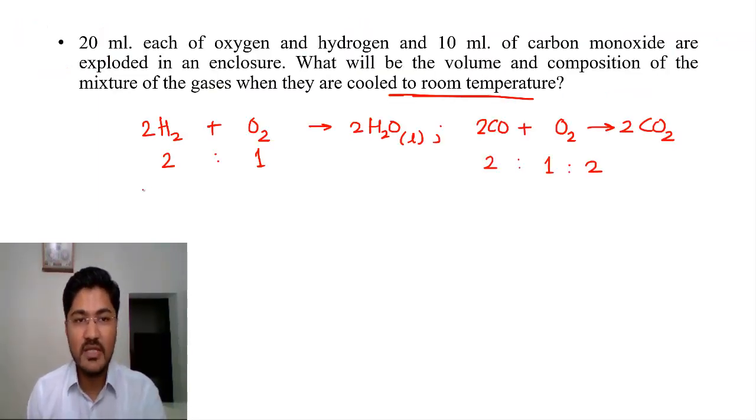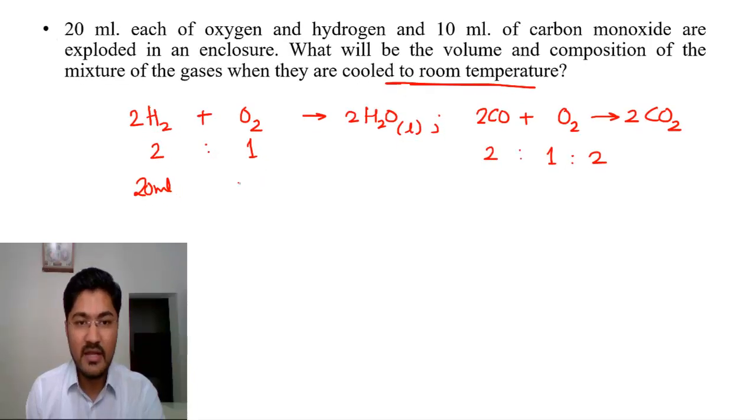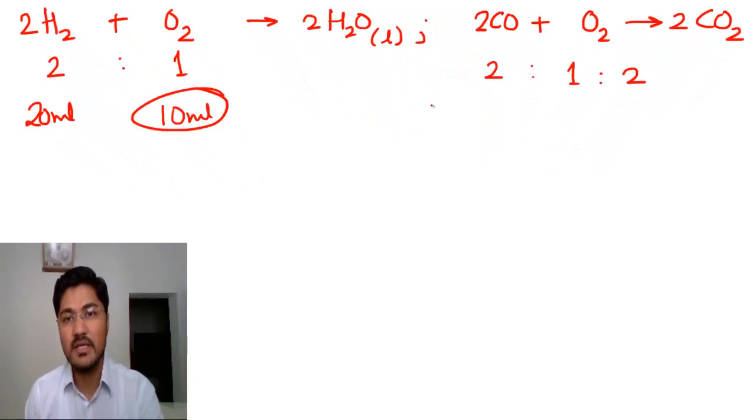We have been given hydrogen to be 20 ml and oxygen as well to be 20 ml, but we will consider that 20 ml later on. So 2 parts, that is 20 ml, means one part would be 10 ml, and hence 10 ml of oxygen will be consumed in this reaction.